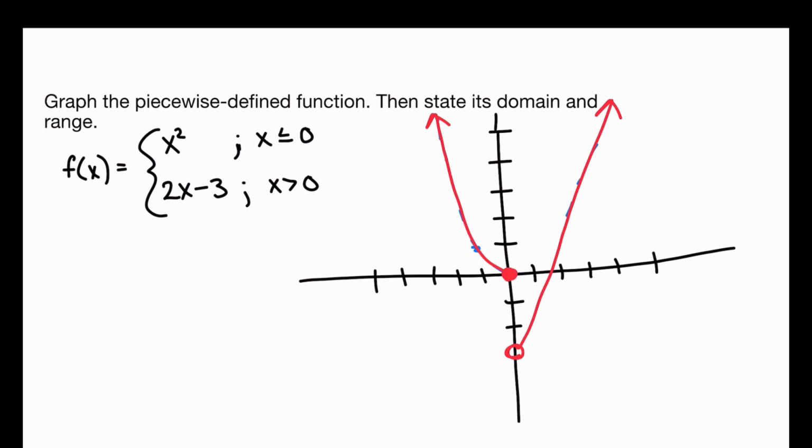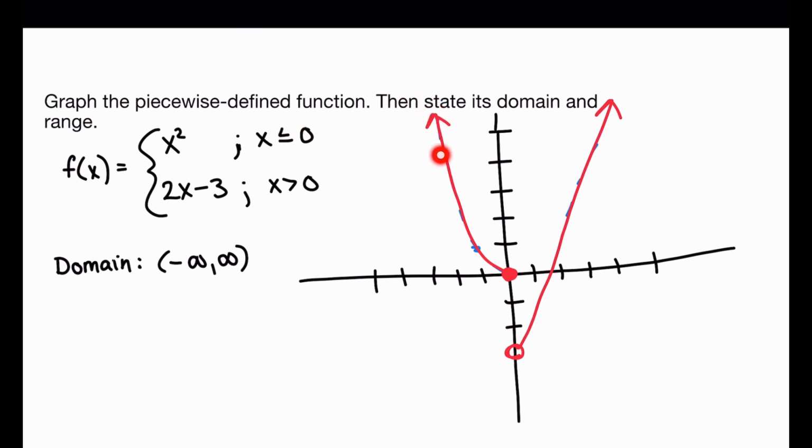Finally, this problem asks us to state domain and range. Domain is my x values, so I read the graph from left to right. And although there's two separate pieces, the domain of this function is all real numbers, or negative infinity to infinity. Because the graph on the left starts with an arrow, so it goes all the way out to negative infinity.